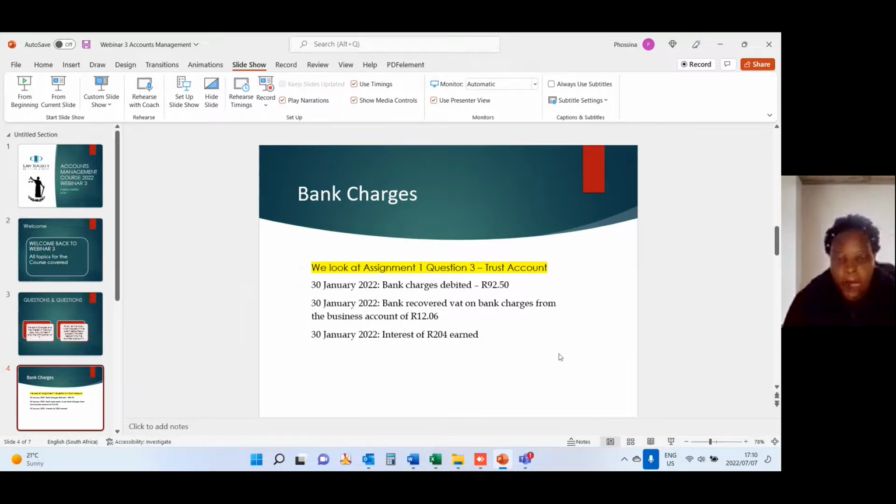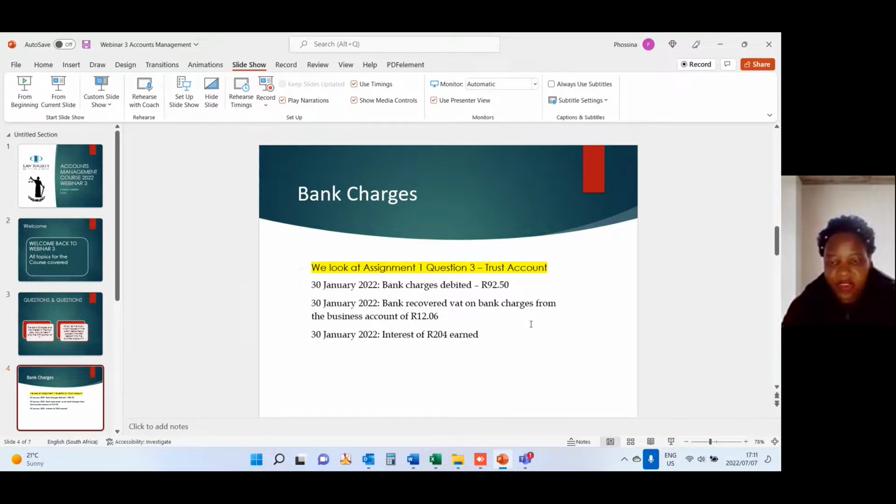Okay, so assignment 1, question 3, we had these 3 transactions which read 30 June 2022. There were bank charges which were debited of 92.50. So when the bank debits the trust account, they debit it including the VAT.